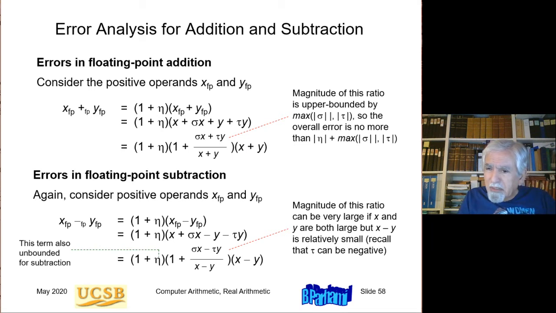Not only is this fraction over here unbounded, it can be very large, depending on the ratio of x plus y divided by x minus y. This eta itself is also unbounded, so we are in a double whammy, so to speak. We have two large sources of errors.